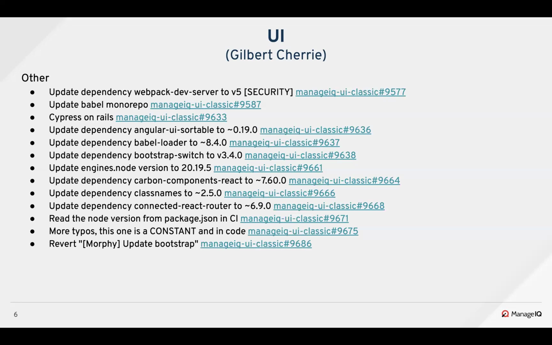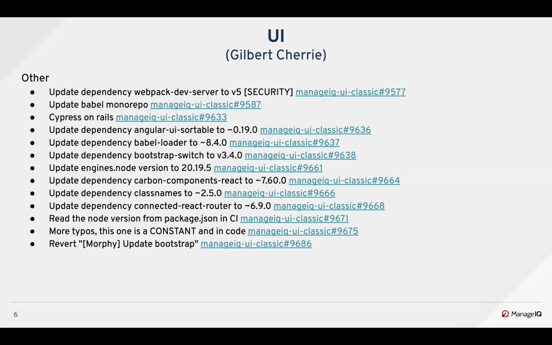Renovate updated dependency Angular UI sortable to 0.19.0, as well as Babel loader to 8.40. Bootstrap switched to 3.40, and engines.node to 2019.5. Carbon component React to 7.60.0. Class names to 250. Connected React router to 690.